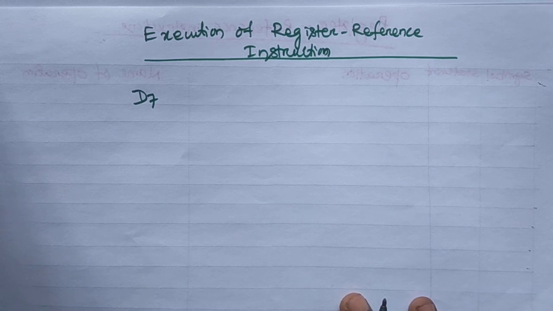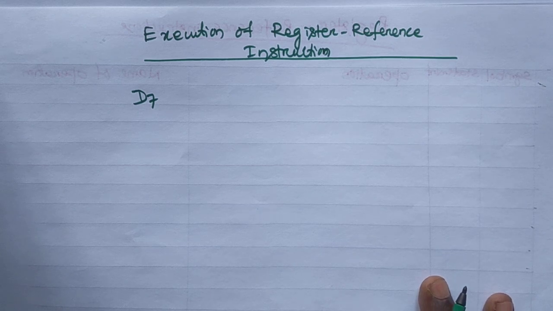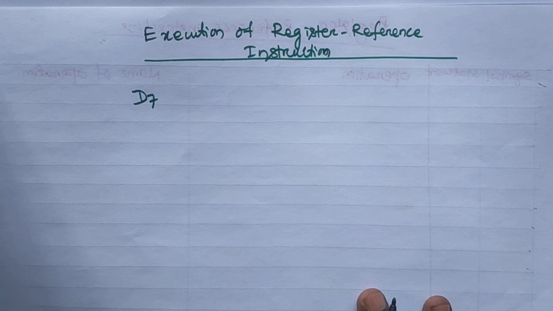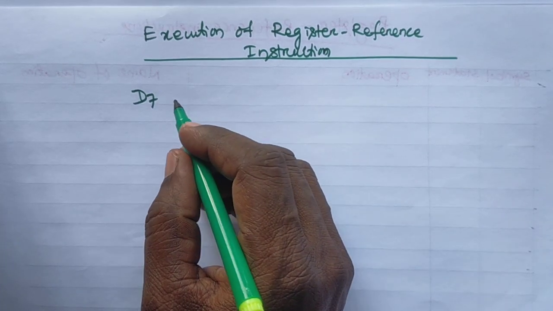If D7 is 0, then it is a memory reference, as we discussed in the last lectures. If D7 is 1, then there are two references: register reference and input output reference.